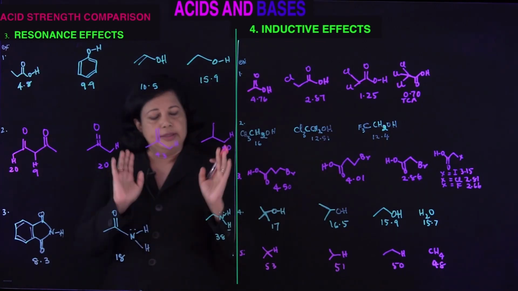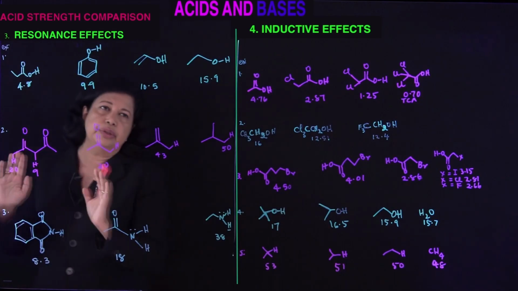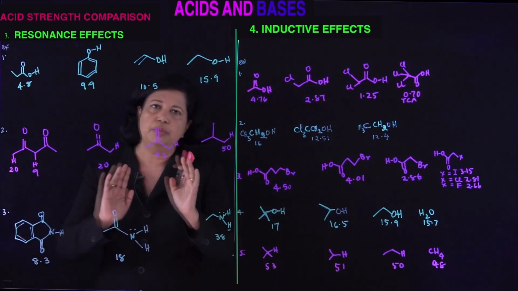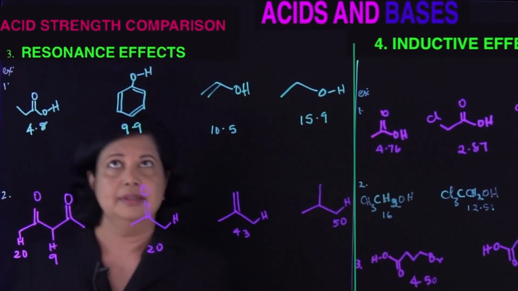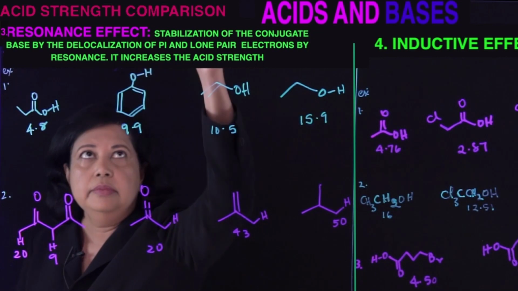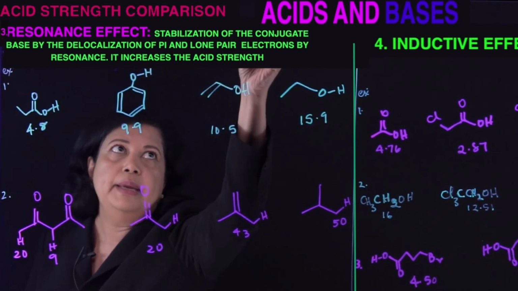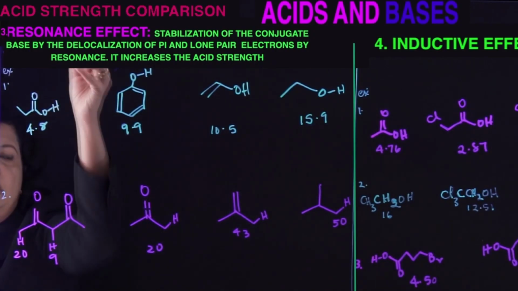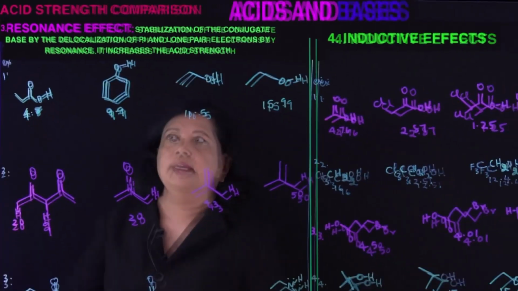But if the molecule can take that charge and pass it on to the rest of the molecule and distribute it and delocalize it, it's a lot more stable. All right? So we will talk about stabilization of the conjugate base via delocalization of pi and lone pair electrons.